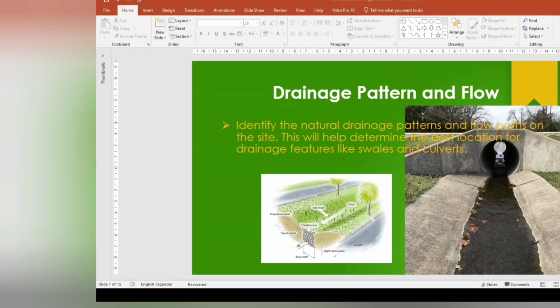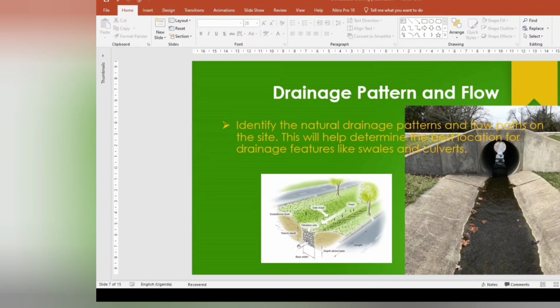So next, maintenance plan. Of course, after everything, you cannot tell me that now you have done your drainage, you have done all your connections, water for drainage, runoff water, surface water, storm water, solid waste, everything, and you just leave it at that.